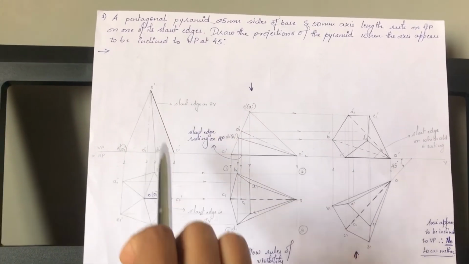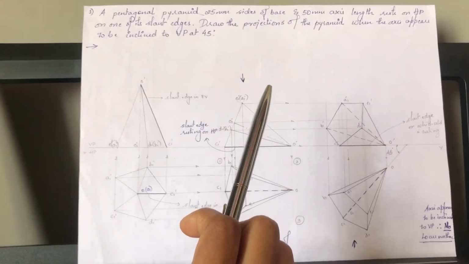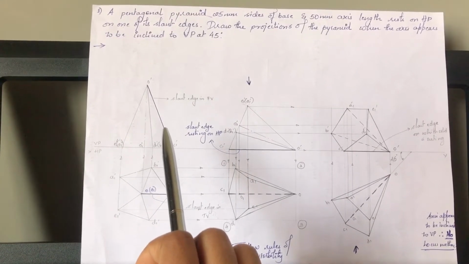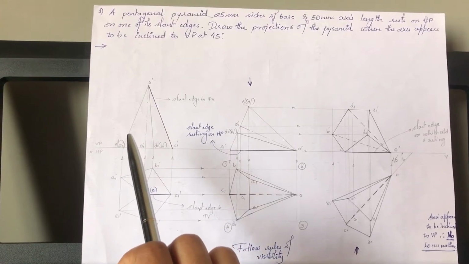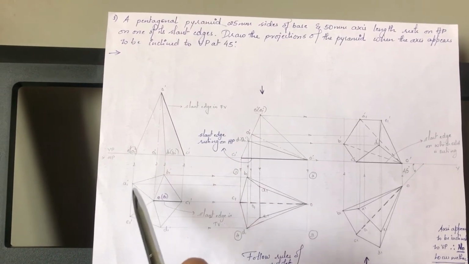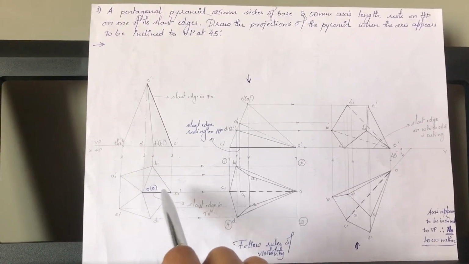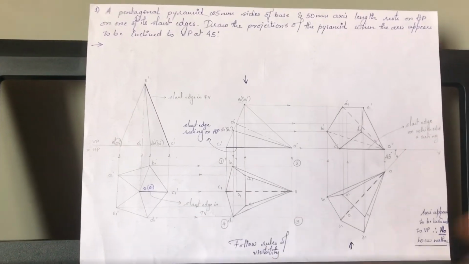Now you measure O dash C1 dash, because in this problem there is no inclination with respect to HP specified, rather they have said that it is resting on one of its slant edges. So you can consider this slant edge or this one, provided you place the edge on this side. You can only consider that edge which is going to be parallel to XY line. In our case it is OC1 dash.